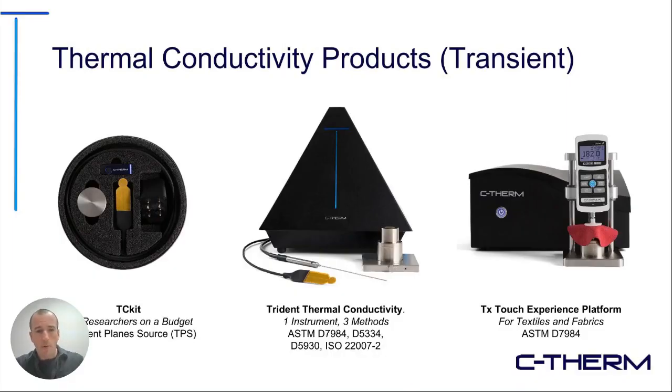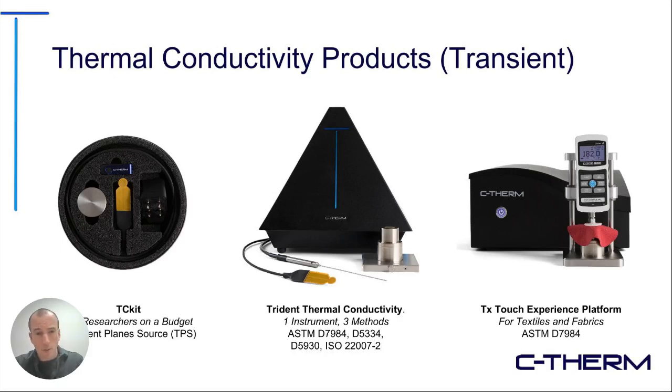A quick overview of our product lineup. It's good just to have a little bit of familiarity with what options we're going to be referring to in this webinar. Starting at the left, we have the TC kit. This is our most economical offering. It's really oriented towards academic researchers that might be more challenged in terms of accessing significant budgets for research equipment.